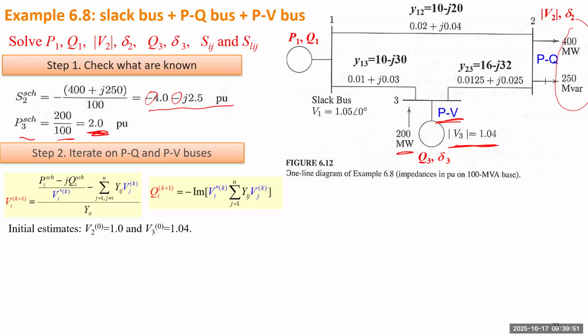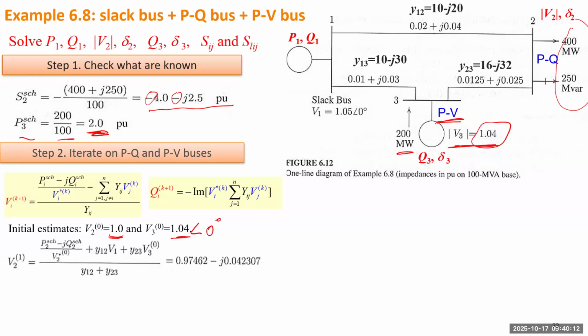For bus 2, we know nothing about the voltage, so we just assume it to be 1.0, with magnitude 1 and angle 0. For bus 3, we already know the magnitude, but we don't know the angle, so we simply assume the angle to be 0.